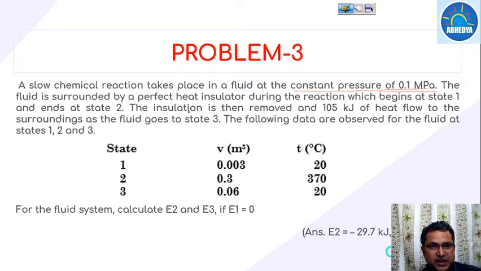The insulation is then removed and 105 kilojoule of heat flows to the surrounding as the fluid goes on to state 3. The volume and temperature at the different states have been given. For the fluid system, calculate E2 and E3 if E1 is equal to 0.